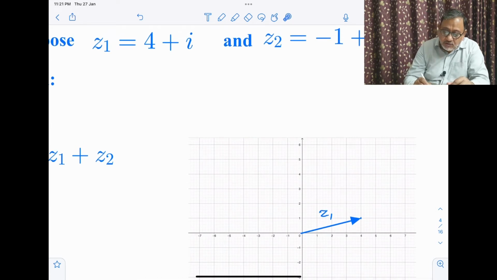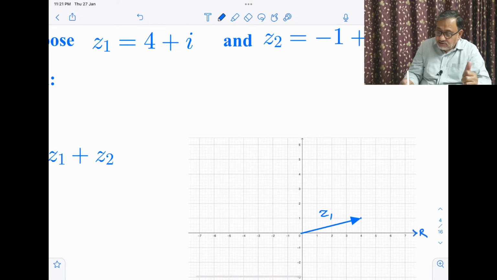Minus 1 means it will go to the left in the direction of the real axis, I mean horizontally. Let me label here also real axis, imaginary axis. From here you will go in the negative direction 1 unit to the left and then 3 units upwards because it is positive. So 1, 2, 3.